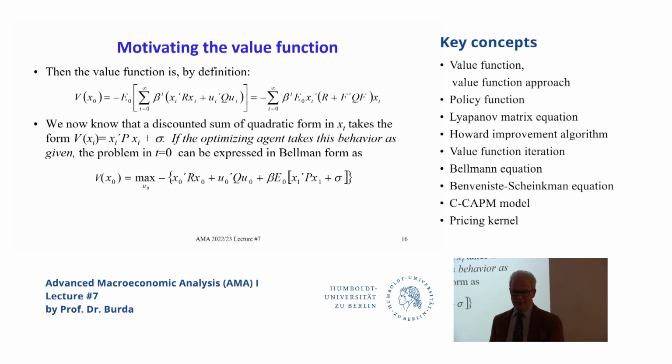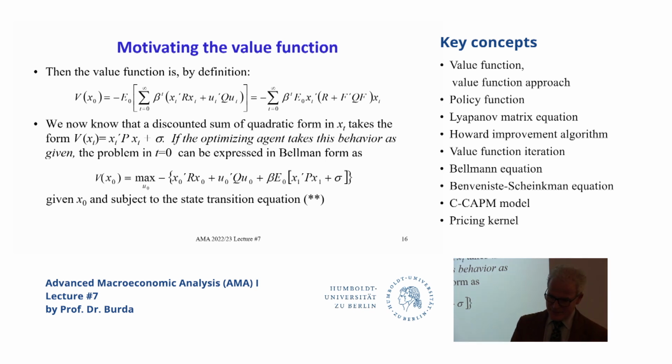We can use guess and verify to solve this. But to do it properly, we need to specify the constraint, because this problem is not completely unconstrained. We're choosing u, but we have a constraint, and the constraint is our influence over the state tomorrow. Think of xt as containing the capital stock: I influence the capital stock tomorrow by investing a lot today.